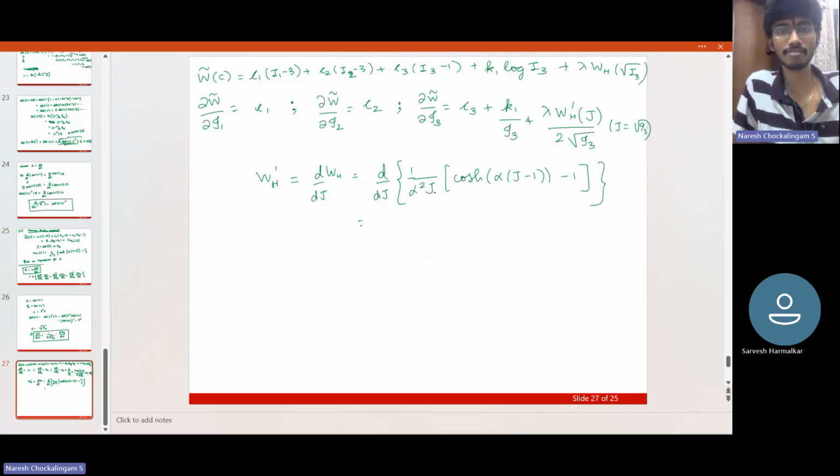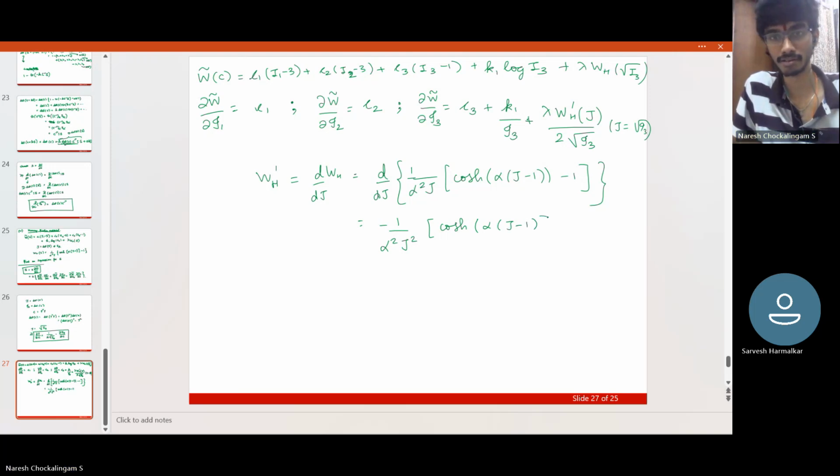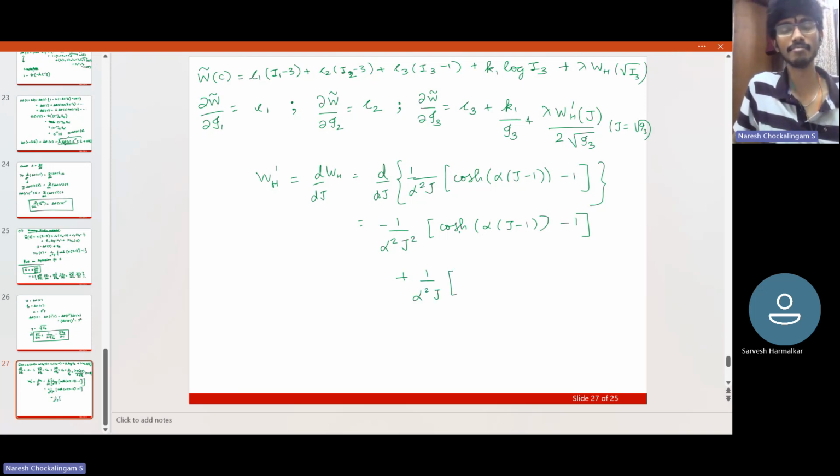Use the product rule. Differentiating the first term, we get minus 1 by alpha square J square, and the second term we keep as it is, cos hyperbolic of alpha J minus 1. Now keep the first term as it is, 1 by alpha square J, and differentiate the second term. The derivative of cos hyperbolic is sine hyperbolic of alpha J minus 1. Differentiate what is inside the argument, so you get an alpha outside.